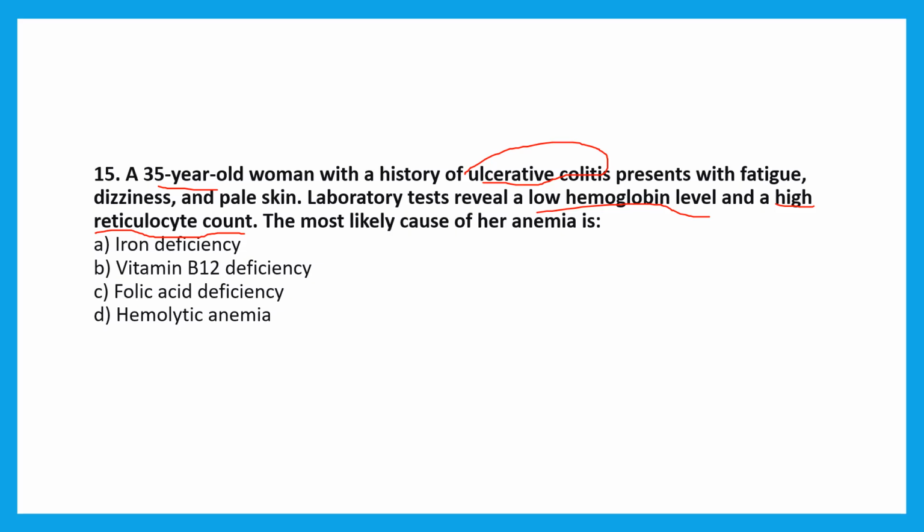Autoimmune diseases like ulcerative colitis, that's why I marked it, can be associated with autoimmune hemolytic anemia. So in general, this is a presentation of hemolytic anemia, and ulcerative colitis is given because of autoimmune hemolytic anemia, which has been discussed in the lectures.